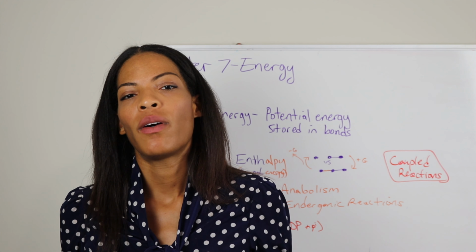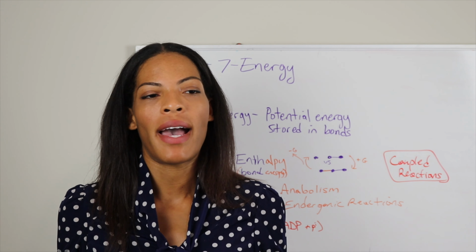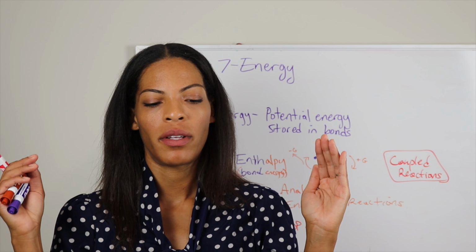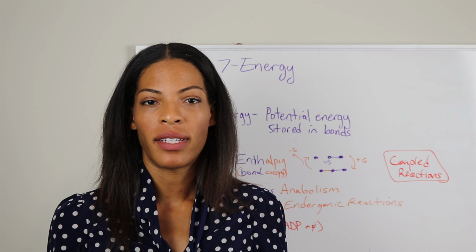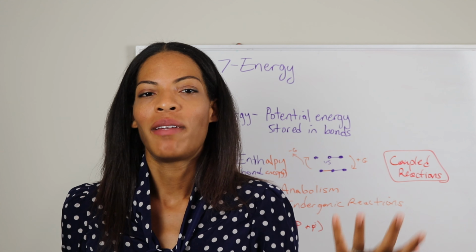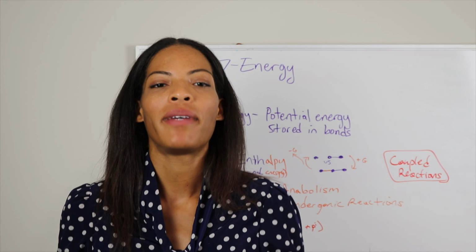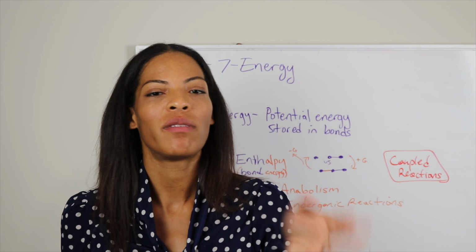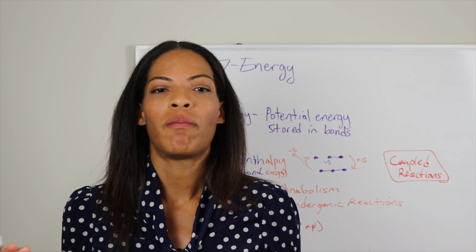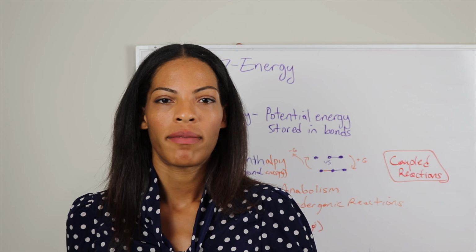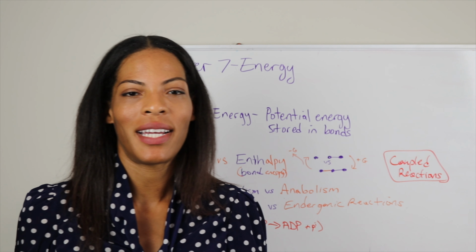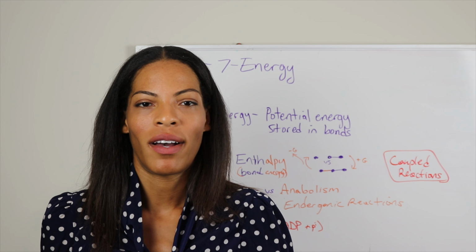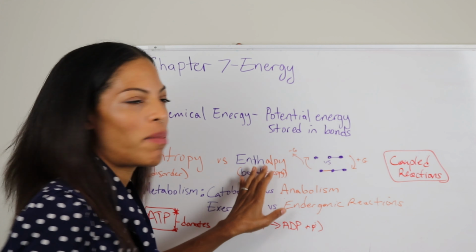Okay, so how many possibilities do you have to break a bond if you have a molecule with 10 bonds versus a molecule with 5 bonds? The molecule with 10 bonds has higher possibilities or potential for those bonds to get broken than a molecule with 5 bonds. Okay, so the technical term for potential energy stored in bonds is enthalpy.